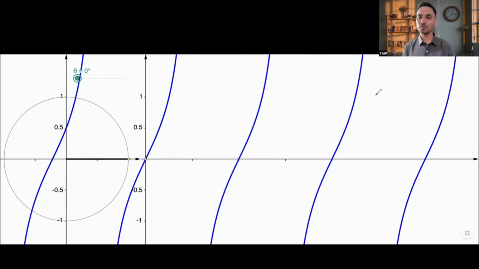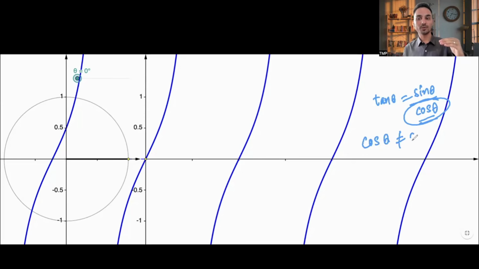Starting with tan theta, we know that tan theta is sine theta over cos theta. It is a fraction. And we know that in a fraction, the denominator should not be equal to 0. That means cos theta cannot be equal to 0.